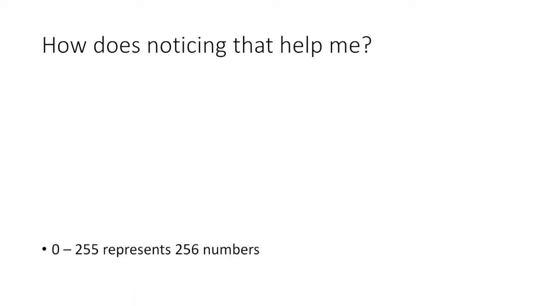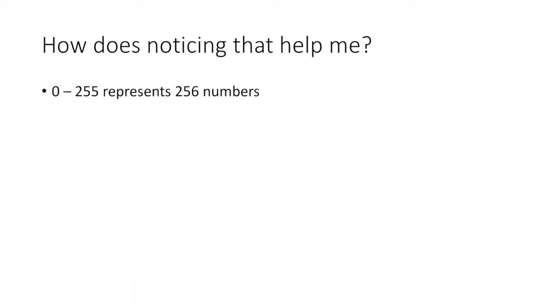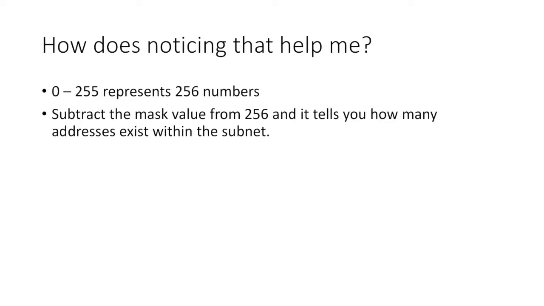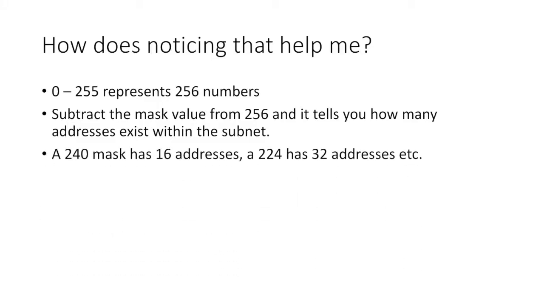So how does noticing that help me? Well, the first thing to notice is that from 0 to 255, that's a total of 256 numbers. 0 is a number in this instance, and it's our first number. Subtract the mask value from 256, and that tells you how many addresses exist within the subnet you've created with that subnet mask.